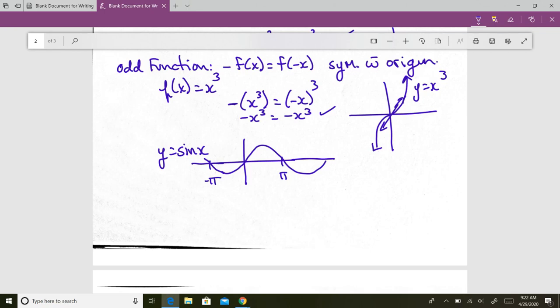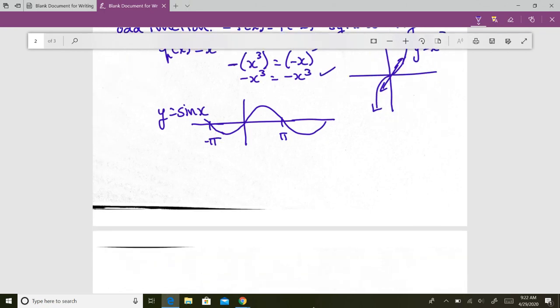You can see it has symmetry with the origin. Okay, and cosine if you wanted. So sine is odd. Cosine would be an even function because it has symmetry across the y-axis.